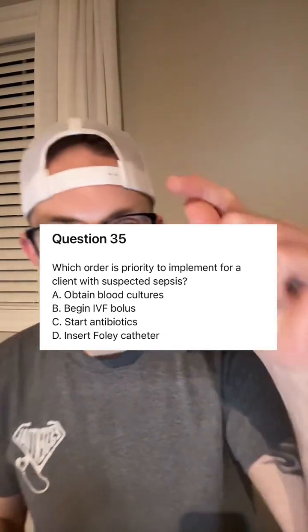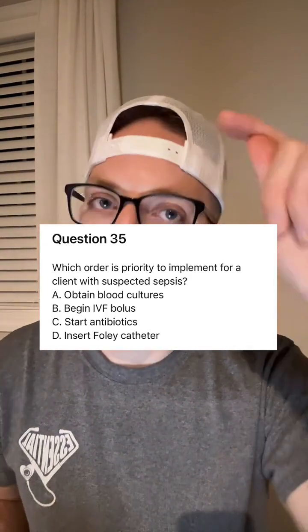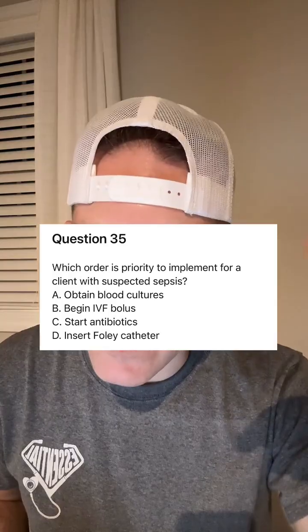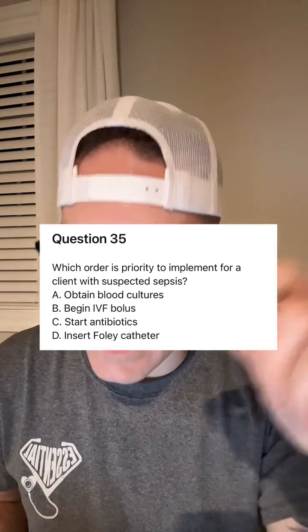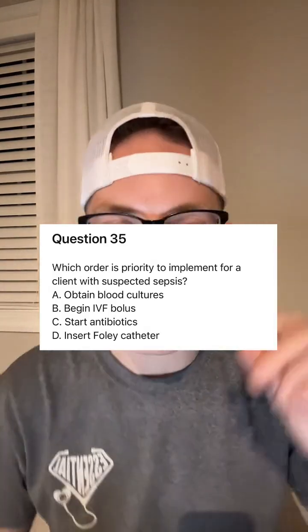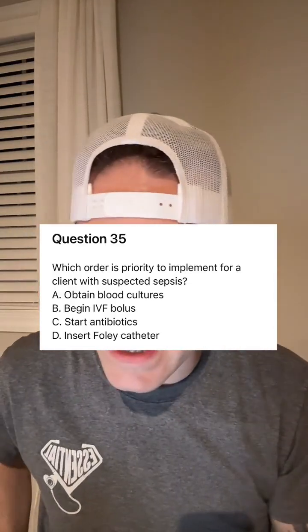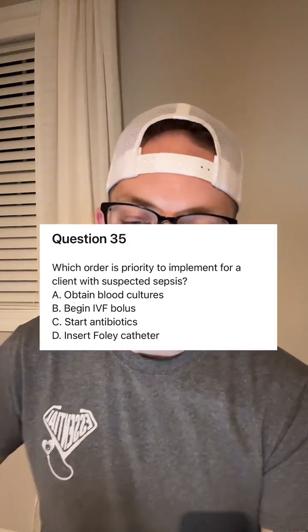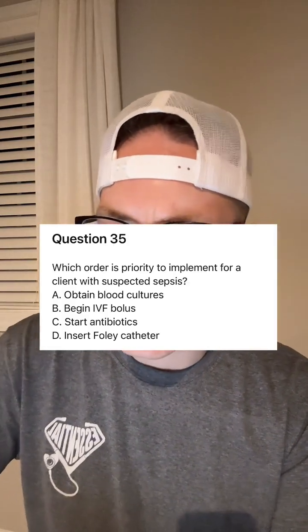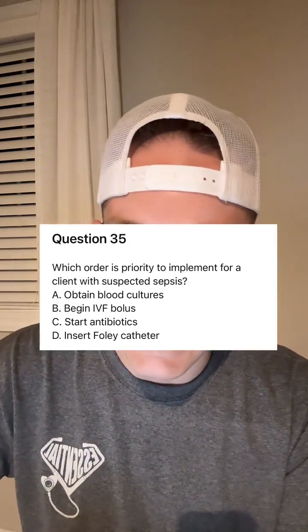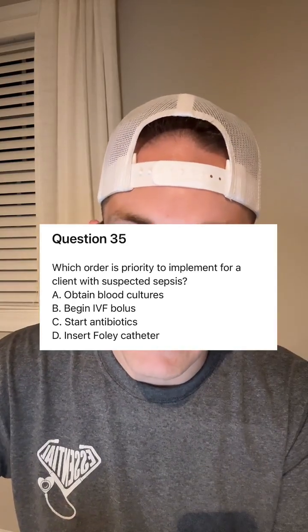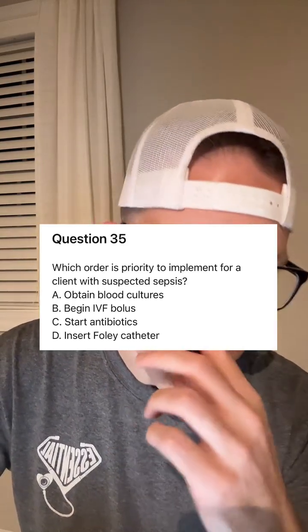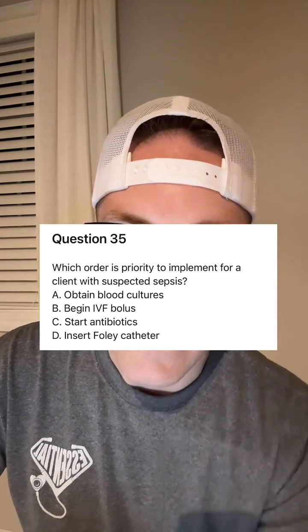But the first thing the NCLEX wants you to do is obtain blood cultures. Blood cultures must be drawn before antibiotics to identify what the organism is. Any delay in obtaining cultures can lead to misidentification and inappropriate treatment. So you need to obtain your blood cultures first.